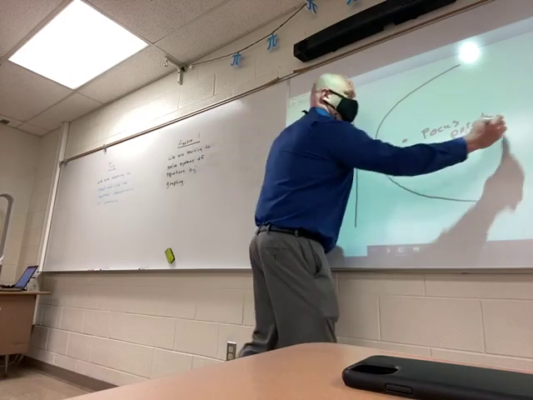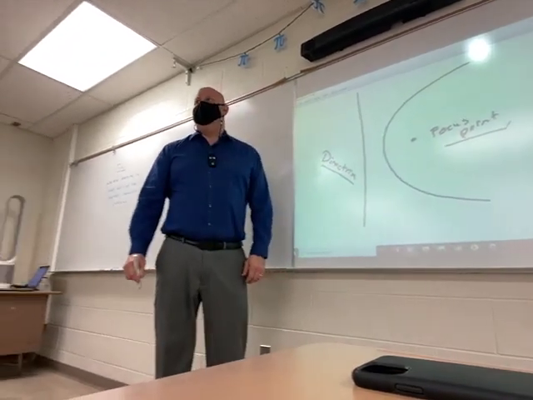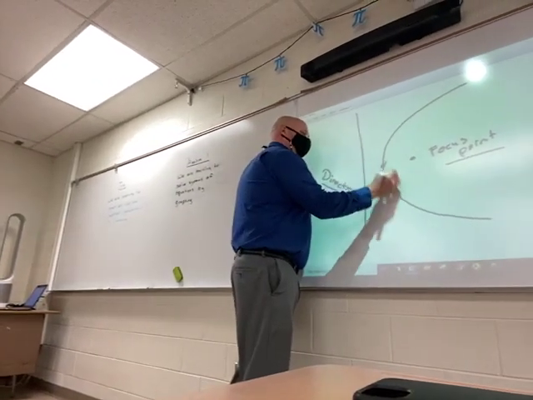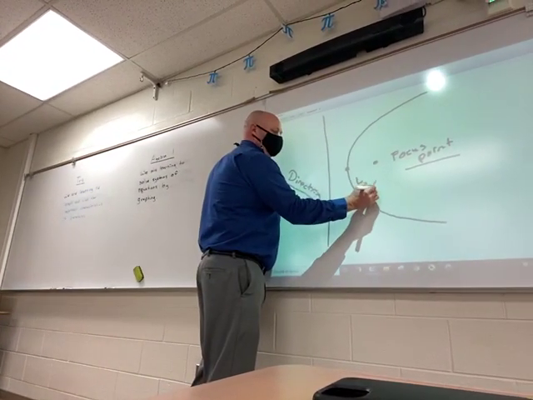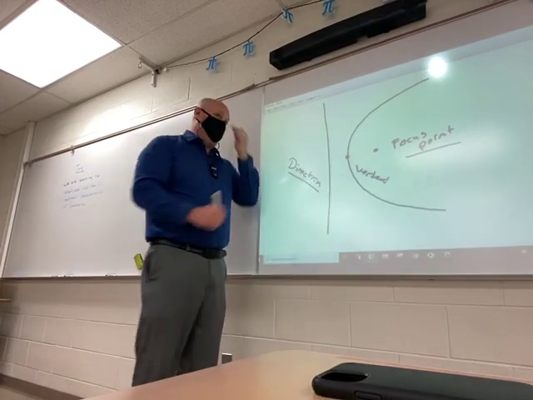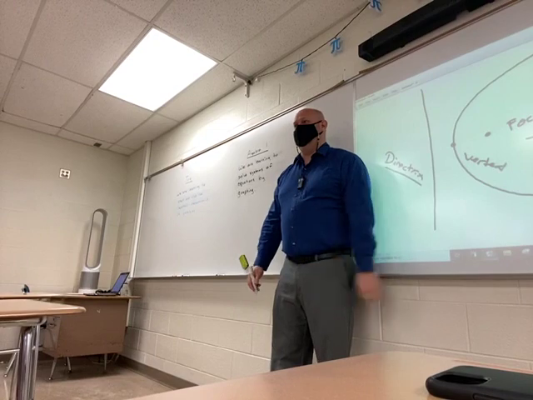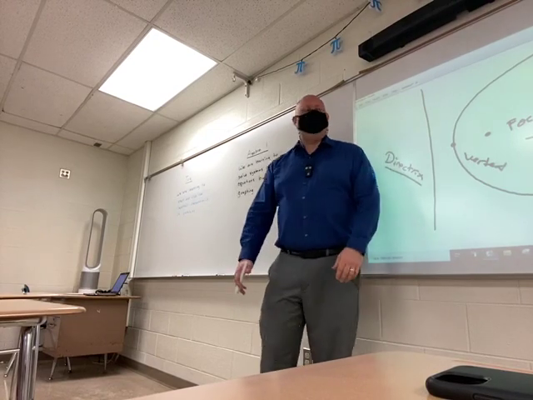These are the two real important parts of a parabola. There's also what we call a vertex. The vertex right now is not going to be that important to us because we're going to just put it at 0, 0. So that's going to be pretty easy.